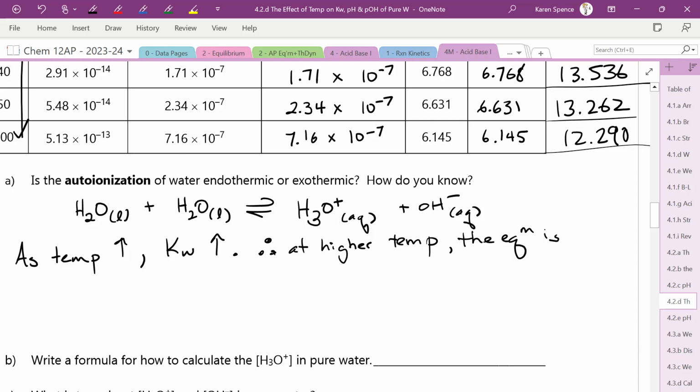It is shifted right. Okay, if Kw is larger, that means we have shifted right.